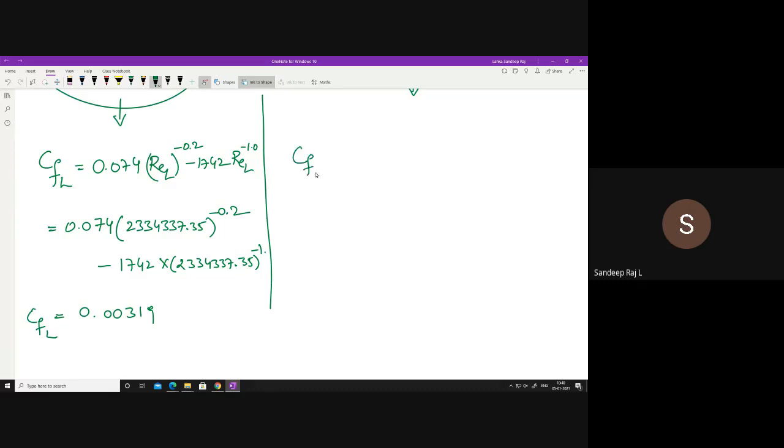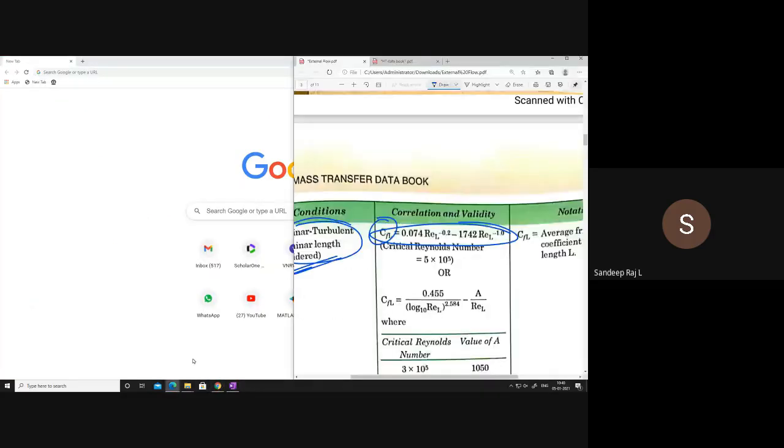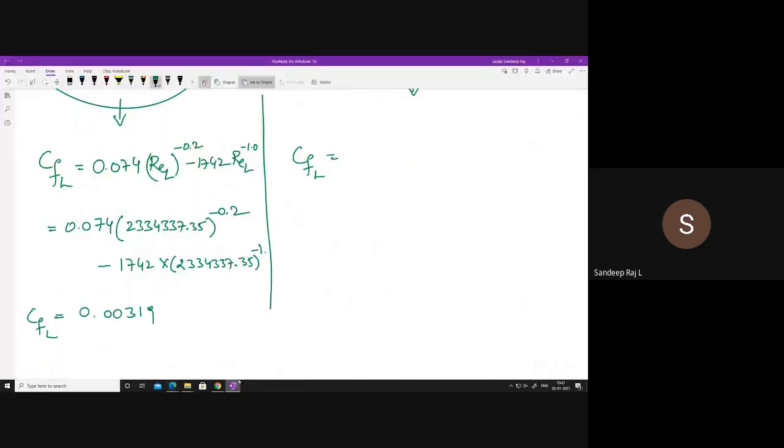Now, if it is turbulent throughout, what is the formula that you are going to make use of? Here, if it is fully turbulent, the CFL formula is here for you. Okay, can you see that? Let me change the color, more visible. Here it is. I will write this one here.